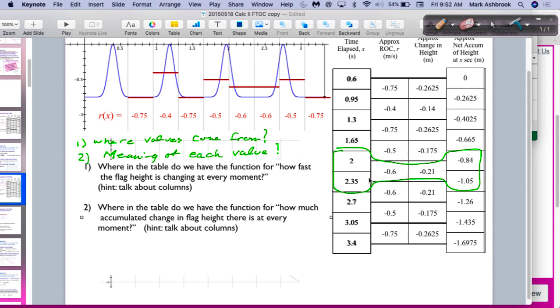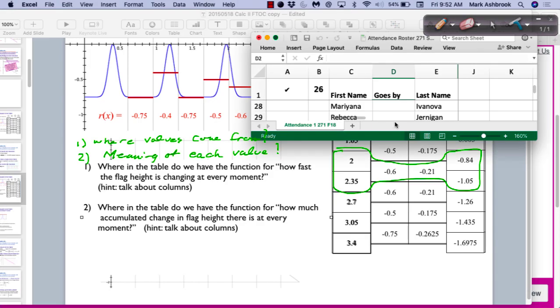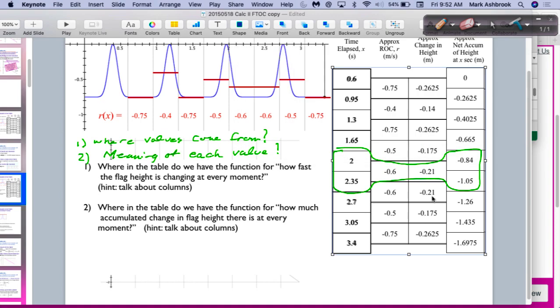Okay, somebody new, last column. Where is Jizzing? Lou? Jizzing, yeah. Tell me about these, the negative 0.84 and the negative 1.05. Do you know what those numbers mean? Okay, the change in height of the flag.